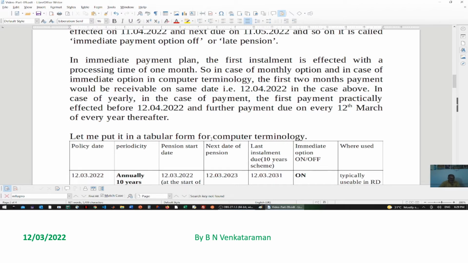Let me put it in tabular form for computer technology.